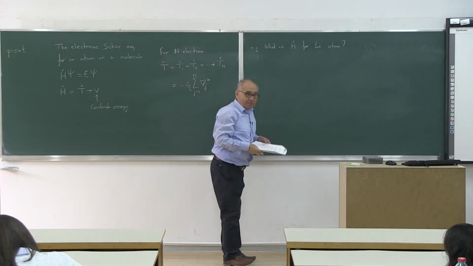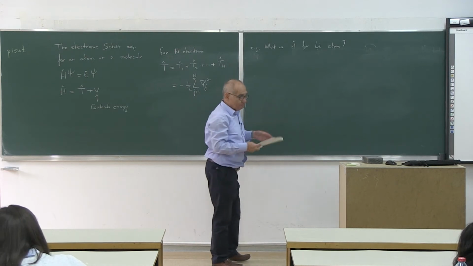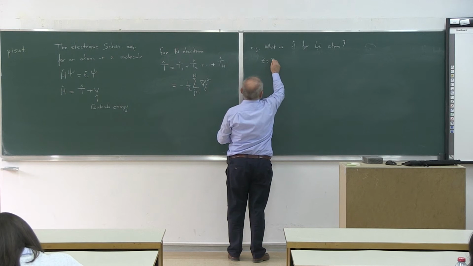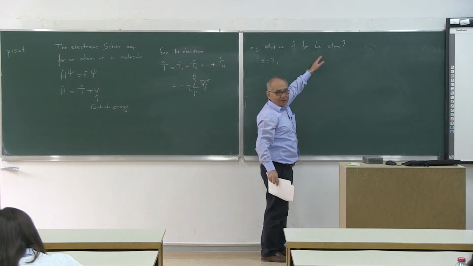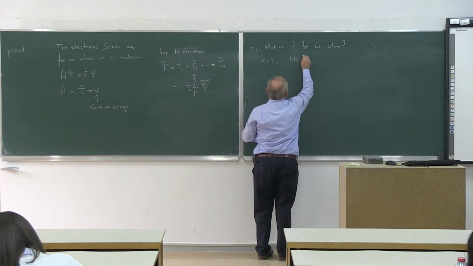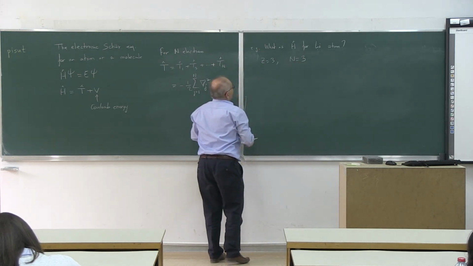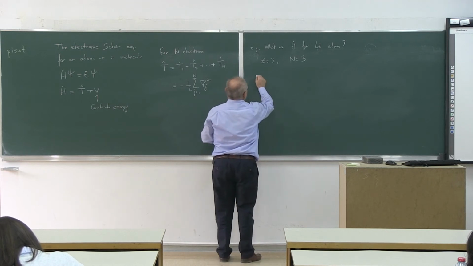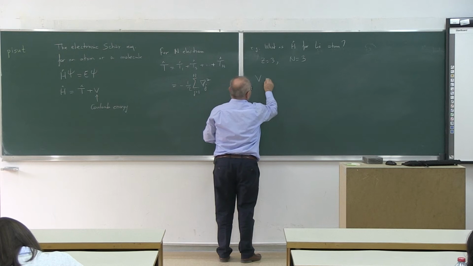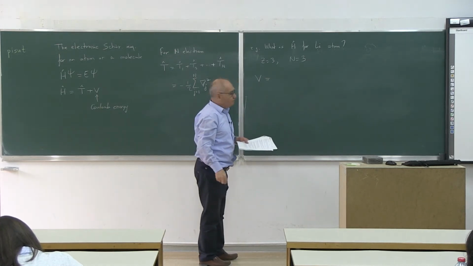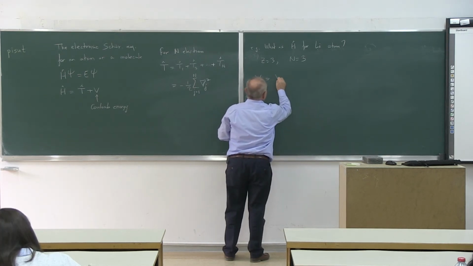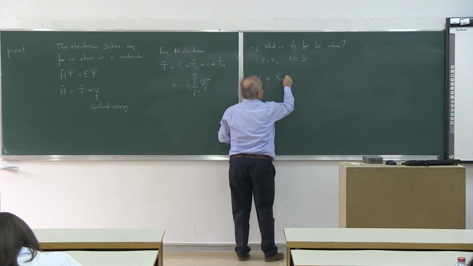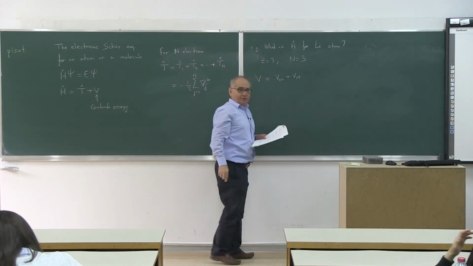Lithium is an atom. The atomic number is 3. And this is neutral lithium atom. Therefore, it contains how many electrons? 3 electrons. So n is 3. Potential energy in Hartree units is electron-nucleus interaction plus electron-electron repulsions.